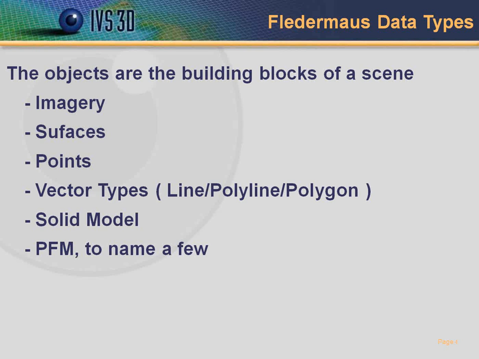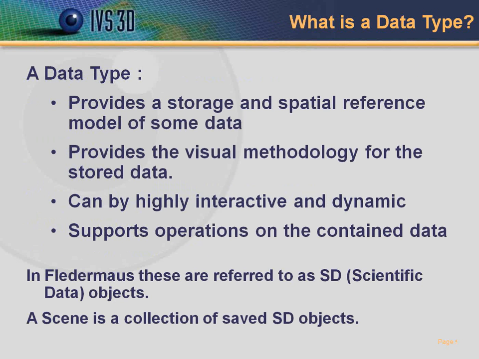Sometimes you'll see solid models, which we use for tracking vessels in a scene. They're just your CAD-like objects. And the PFM, which is the one we use for our data cleaning. And of course, there are many more than just these. These are probably some of the most common ones that you see every day if you're using Fledermaus.